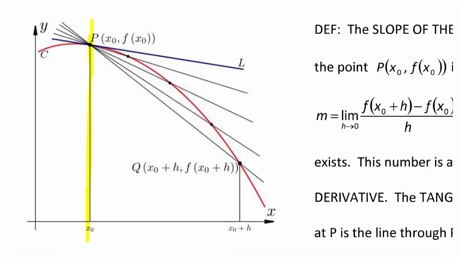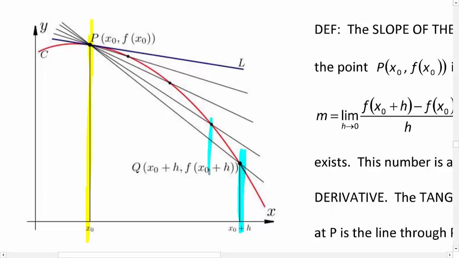And then here's our second point that is a distance of h away from the first point. It says that we're going to take the limit as h approaches 0. So we're moving this second point closer and closer to the first one because we're making that h value, the distance in between the points, smaller and smaller. We're having it approach 0.